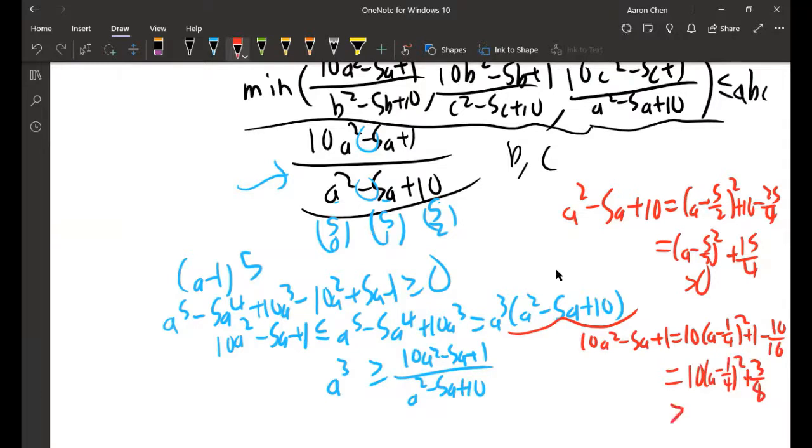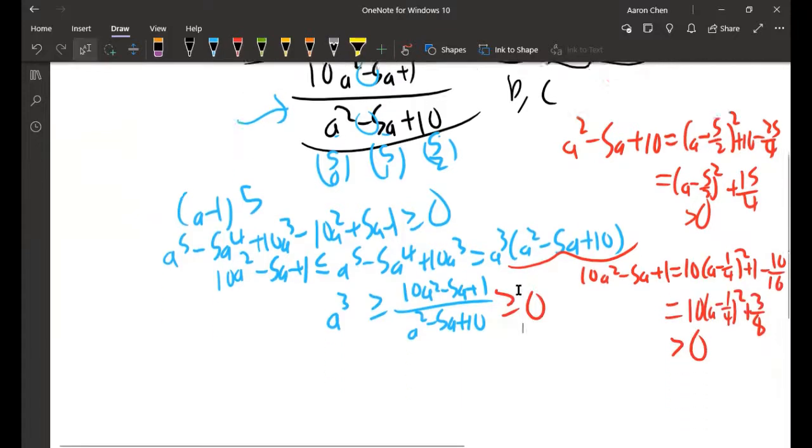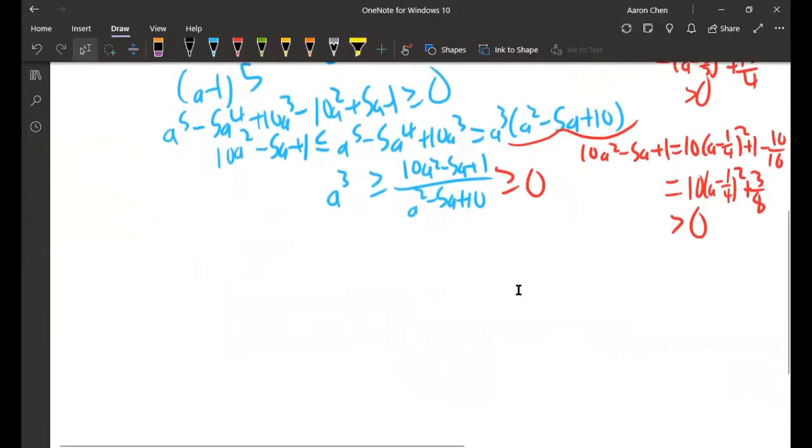And once again, by the trivial inequality, this is greater than 0. And so this is also at least 0. And so now if we do similar things for b and c, we can find out that b cubed, we can just replace the variable a with the letter b, and it will still hold.